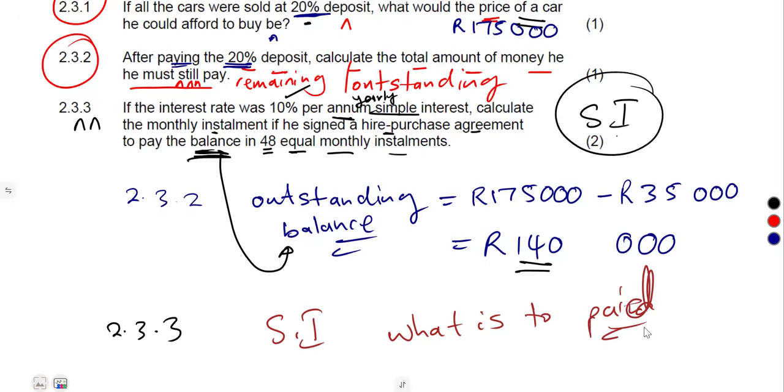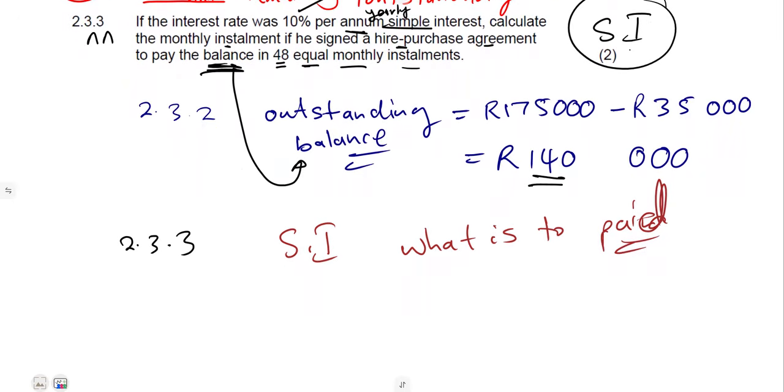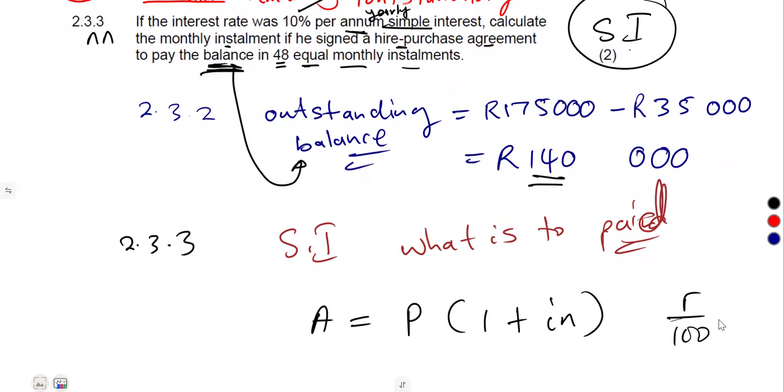The amount to be paid after a period of 48 months under simple interest, depending on the formula that you are going to use: A is equal to P times (1 plus IN), or you can use R over 100 times N. It depends on your understanding, but that is simple interest.